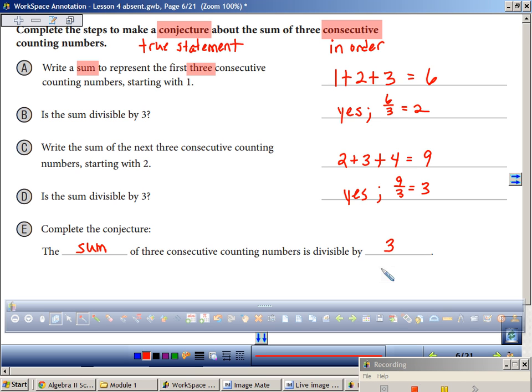Do you think that would happen for anything? What if I did 5, 6, 7? What's 5 plus 6 plus 7? Is that divisible by 3? That's interesting, right? What if I did 100, 101, and 102? I'm guessing it's going to be divisible by 3, right?